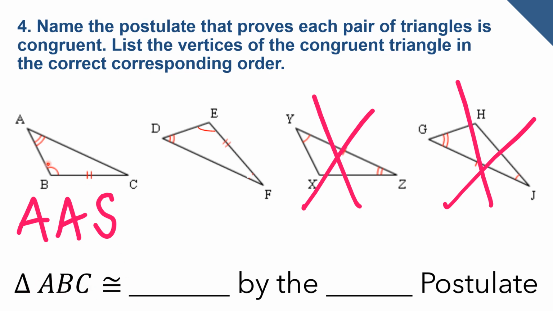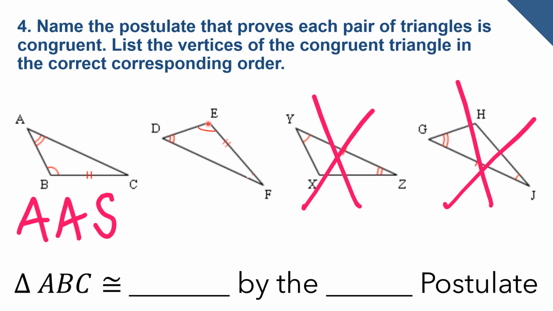Now we've got to figure out how we're supposed to label it. In triangle ABC, A is the angle that's labeled with 2 tick marks. So D here is the angle that's labeled with 2 tick marks. B is the angle that's labeled with 1 tick mark. E is the angle that's labeled with 1 tick mark here. So B and E match up. And then BC matches with EF. Would you agree with that?